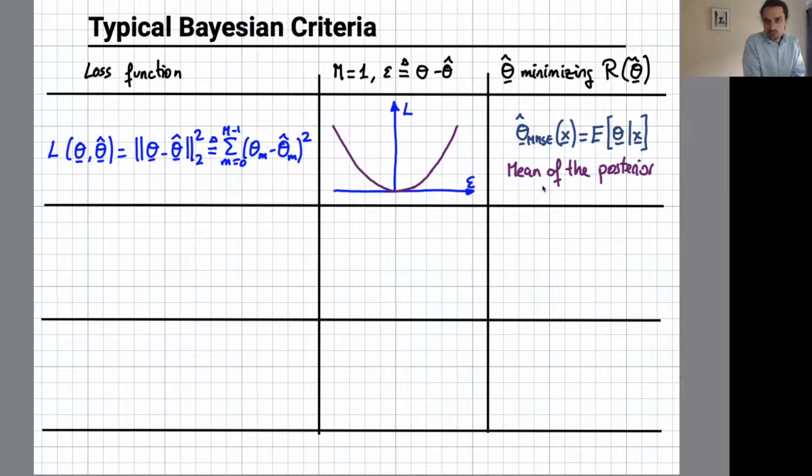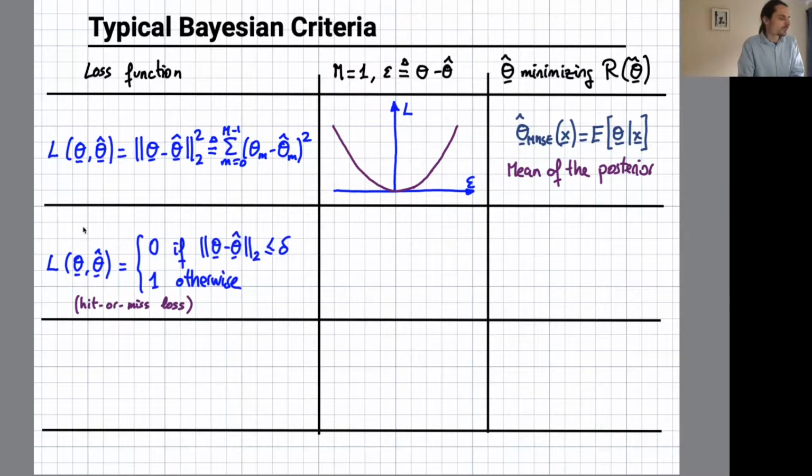And the other fact is what we saw in the previous lecture, that the estimator that minimizes the BMSE is the posterior mean, the mean of the posterior distribution. And with these two facts, we conclude that this is also the minimum Bayes risk estimator for the quadratic loss, okay?